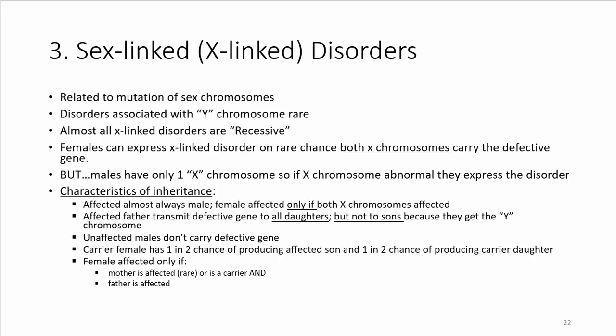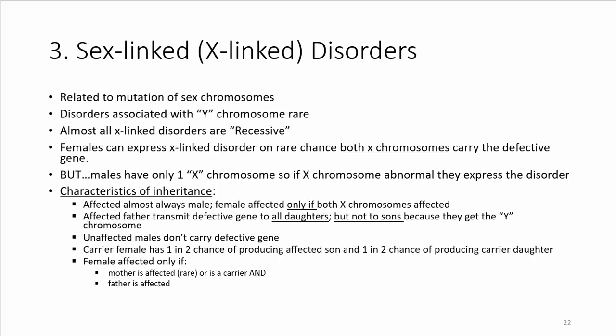it's recessive, right? So the problem here is that women, because they have two X chromosomes, can carry a dominant and a recessive allele and be carriers. They would be heterozygous.